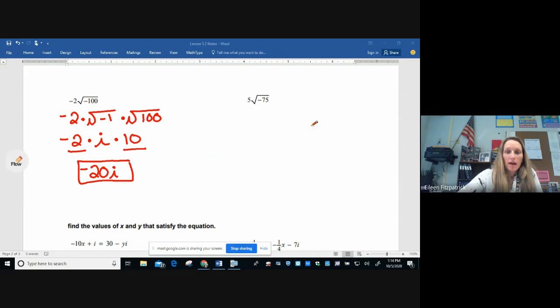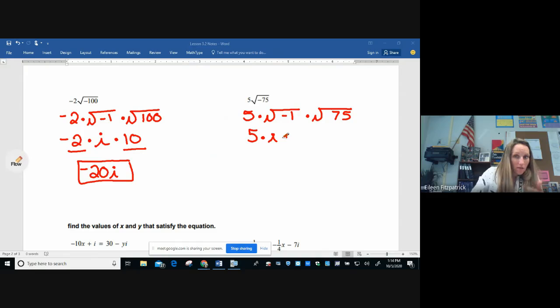Okay. And the next one, again, break it up. 5 times square root of -1 times square root of 75. So I have 5 times i, and then the square root of 75, I'm going to break it into the square root of 25 times the square root of 3, because 25 times 3 equals 75.